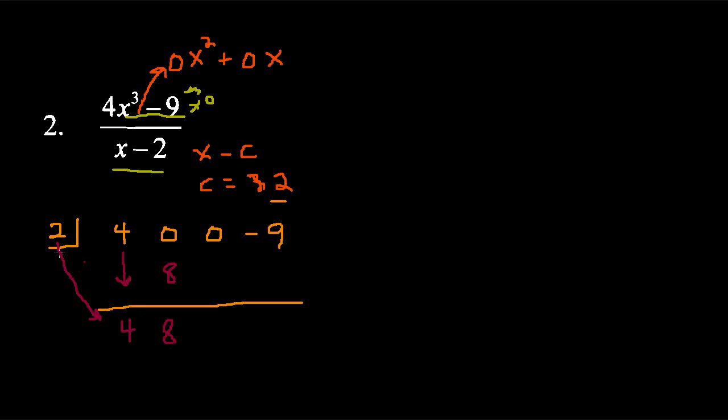And now we repeat. We take the number that's in the box, the 2, multiply it this time times the 8. And 2 times 8 is 16. It goes up here. Add again. 0 plus 16 is 16. One more multiplication. 2 times 16 is 32.